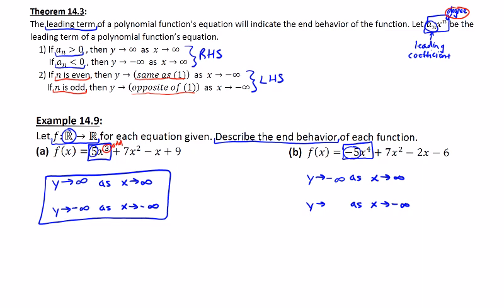The degree is always going to help you to describe the left-hand side end behavior. Now, the left-hand side end behavior is either going to look just like the right-hand side, or it's going to be the exact opposite. Since we have an even degree, that means the left-hand side should be identical to the right-hand side. So y is going to approach negative infinity just like it does for the right-hand side statement. And this gives us the end behavior for part B.